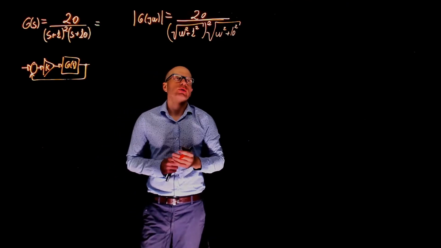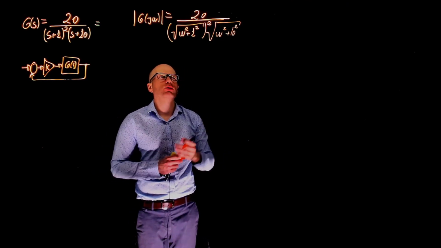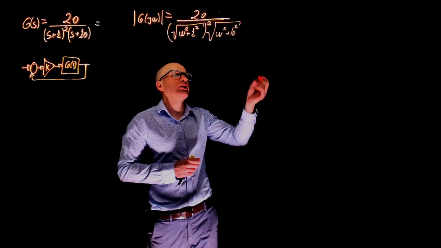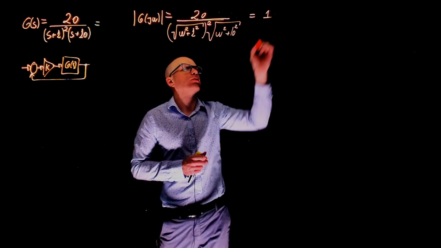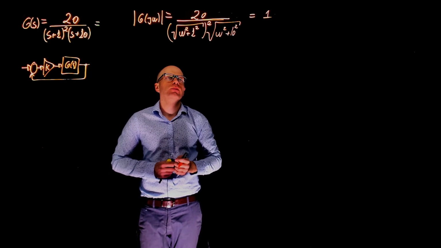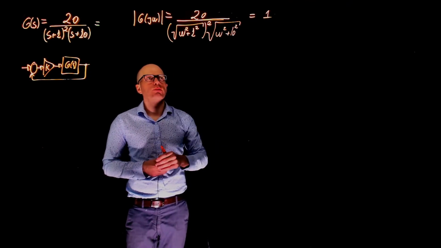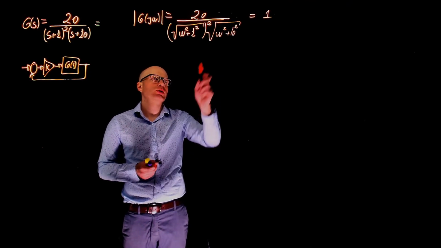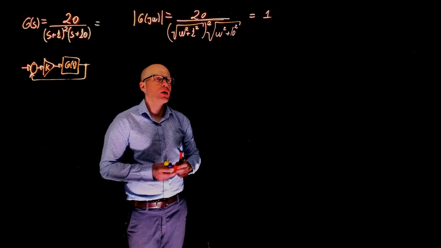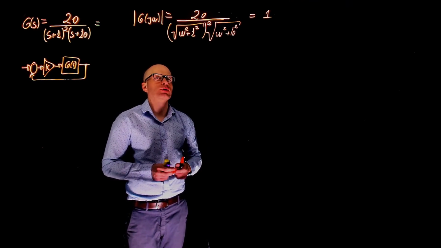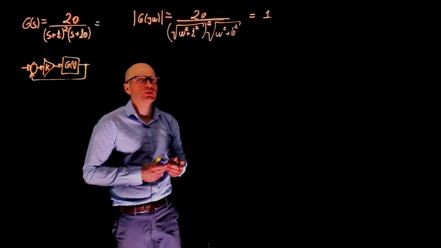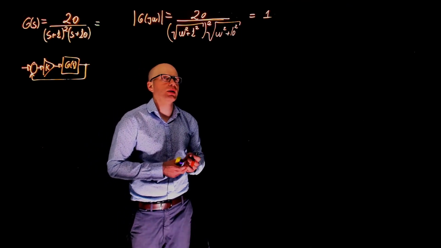This is the magnitude of the transfer function, and we know that at the crossover frequency, the magnitude is 0 decibels, or 1. 20 log of 1 equals 0. We can now use software to solve for this crossover frequency. This will result in a fourth order polynomial, so use any software to find the answer here. You will not be expected to solve this during a midterm or final examination.